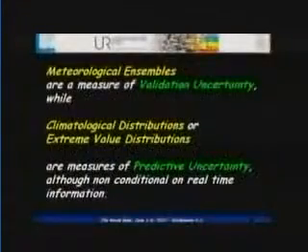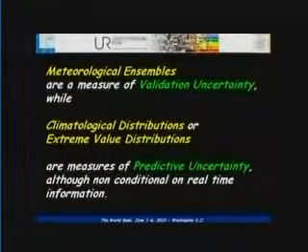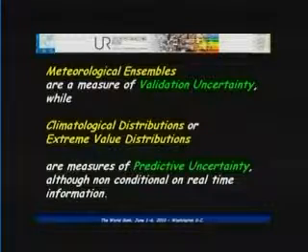Now, just to give you an idea, meteorological ensembles, as they are given, are just an expression of validation uncertainty, not of predictive uncertainty, because they express the uncertainty of the model, of the boundary conditions. They are perturbing parameters, they are perturbing boundary conditions.